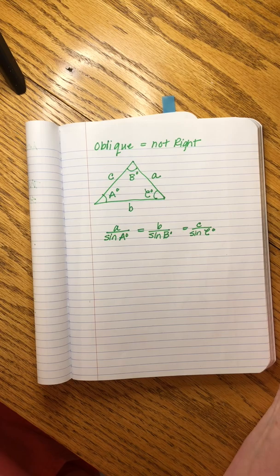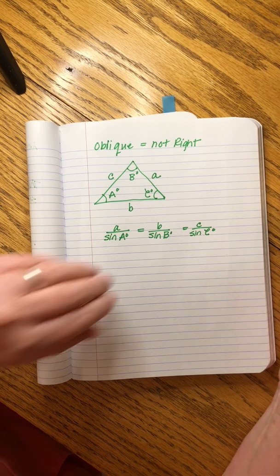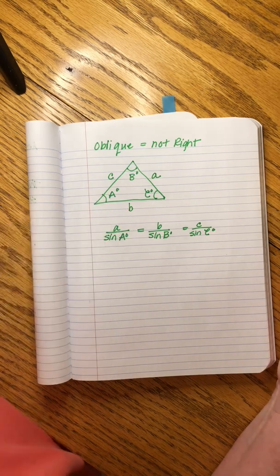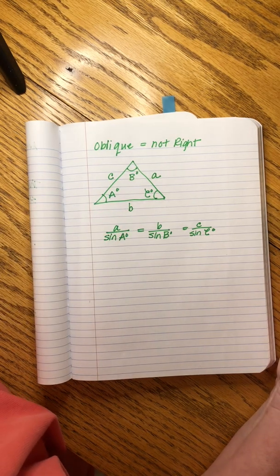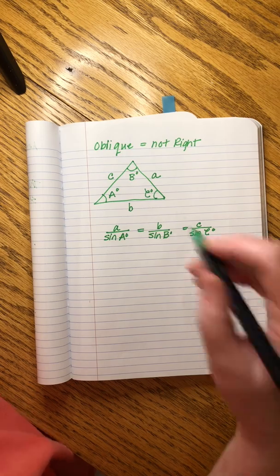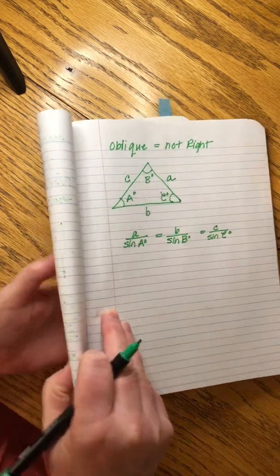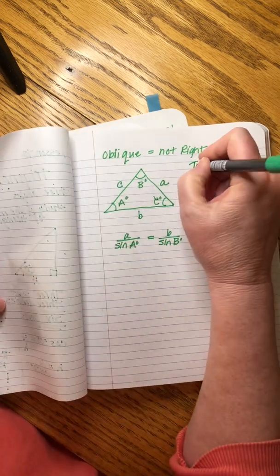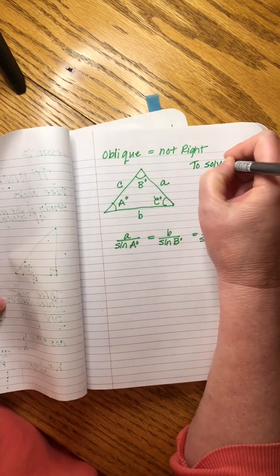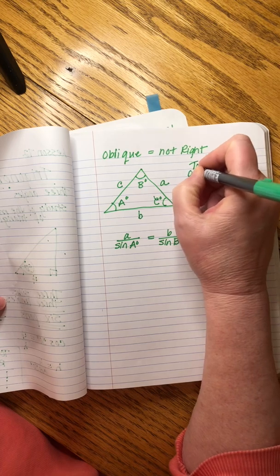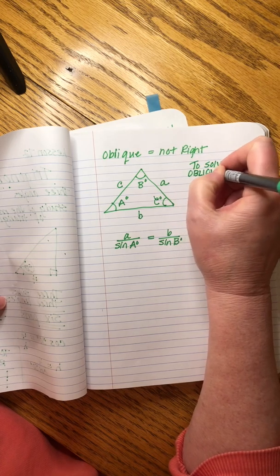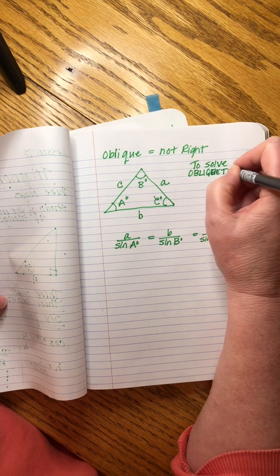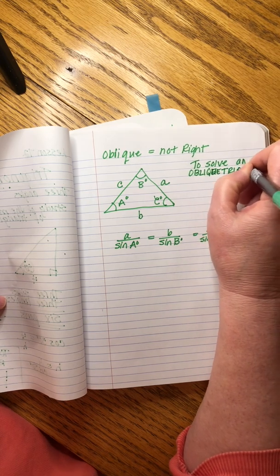Now this one's slightly different, the requirements for this, because we can solve this as long as we have, so what I'm doing is I'm making another chart. To solve an oblique triangle, oh, I forgot the U, sorry, triangle.